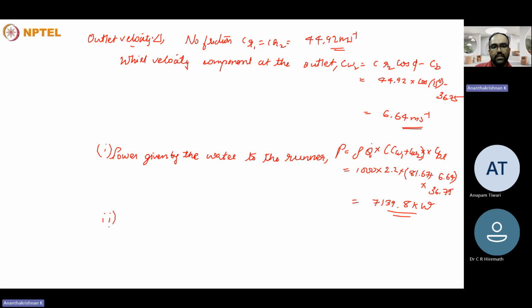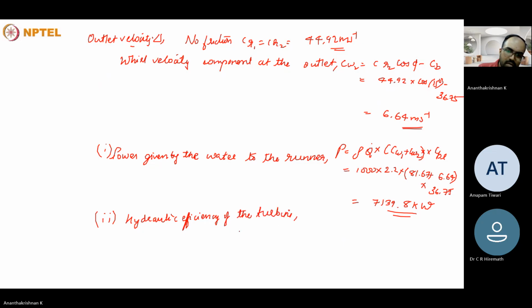Second part, we have to determine the hydraulic efficiency of the turbine. That's also straightforward. The blade efficiency will be equal to the power divided by the kinetic energy of the inlet stream coming from the nozzle.